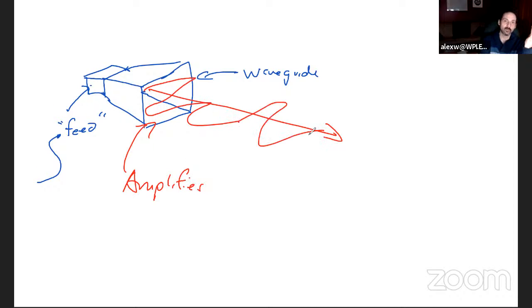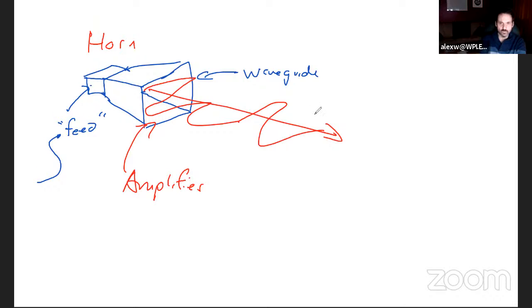So that's a horn. There's a variety of different types of antennas that pull this off. There's more, but if you take an antennas course, there's going to be a lot more information on how that works.